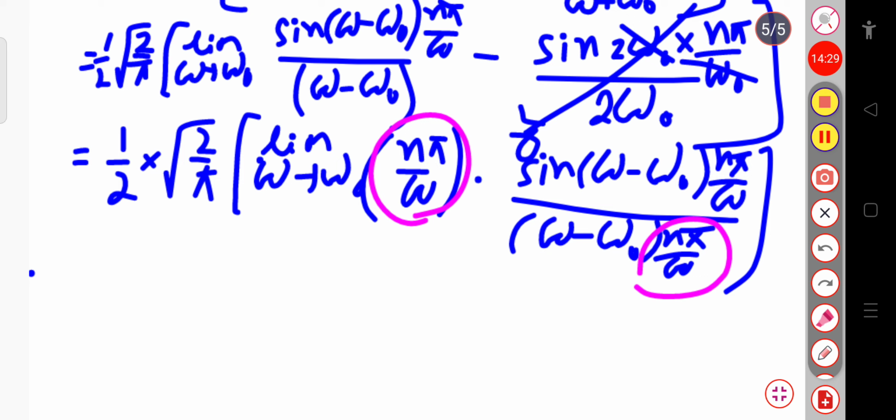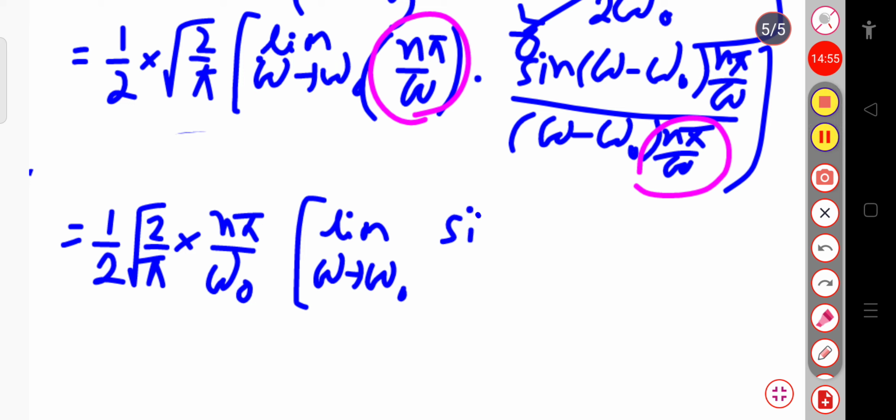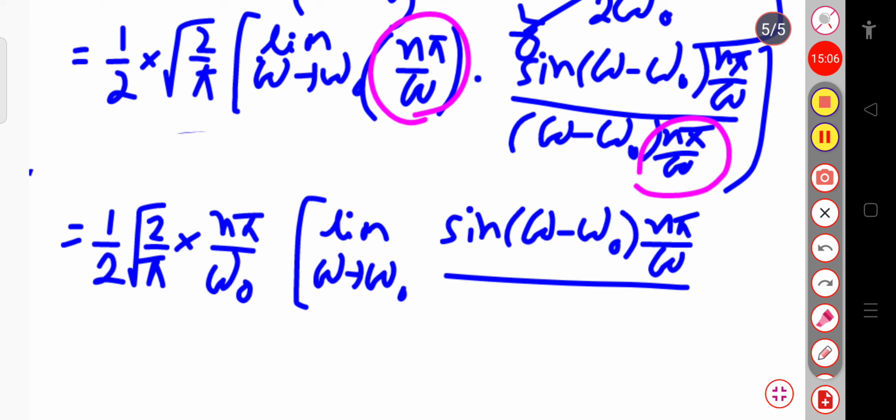Here this will be equal to 1 by 2 into root over 2 by pi, the first is n pi by omega naught, and the limit omega tends to omega naught of the total value, that is limit omega tends to omega naught of sin of (omega minus omega naught) into n pi by omega, whole divided by (omega minus omega naught) into n pi by omega.